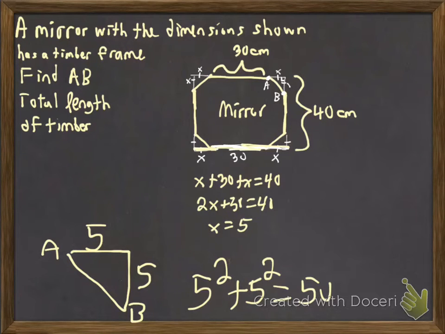Let's take the square root of that. I don't think I have enough room, but I'll just do it up here. So the square root of 50, and therefore AB equals 5 square root of 2.